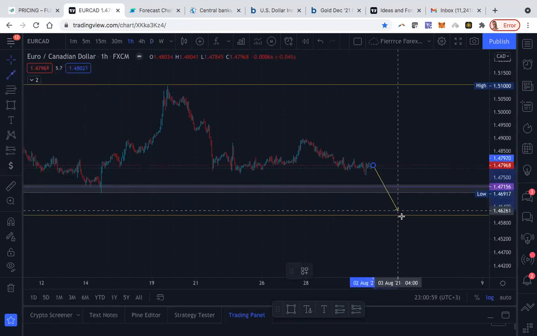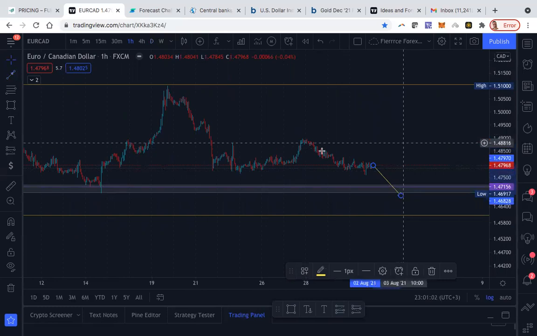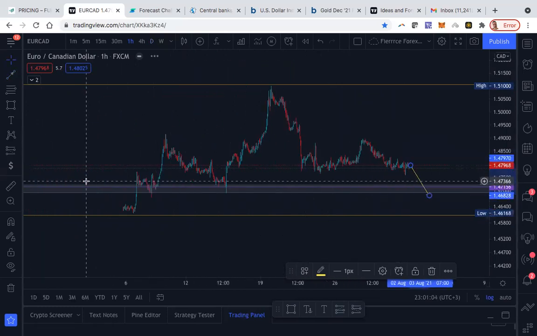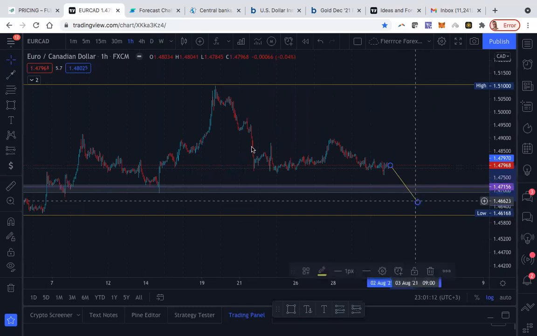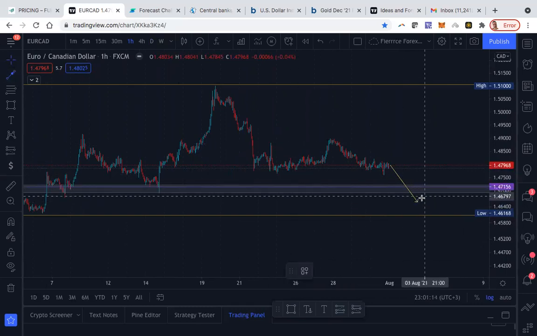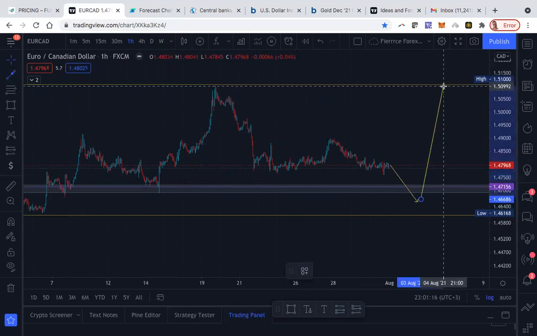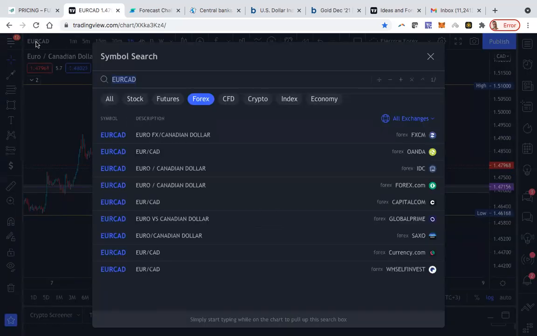So this is basically what I'm looking at. Technically, all the pairs I'm looking at right now look almost the same.